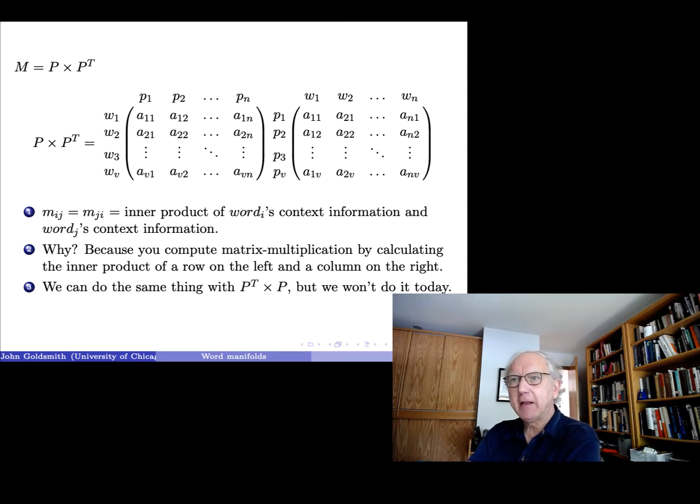That is to say, this matrix, which is the product of the two, is the inner product of word i and word j's context information, and I'm just repeating what I said a second ago. Bear in mind, we could do the same thing with P transpose times P, but that would give us information about how the different contexts relate to one another, which is extremely interesting also. It's just not what we're doing right now.